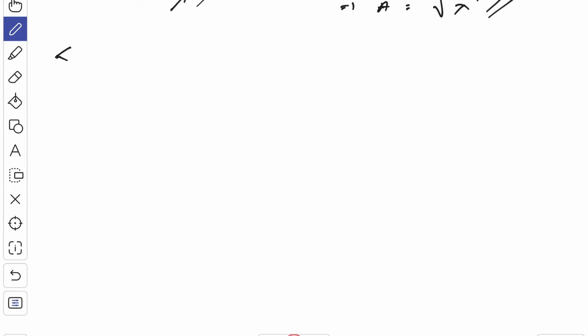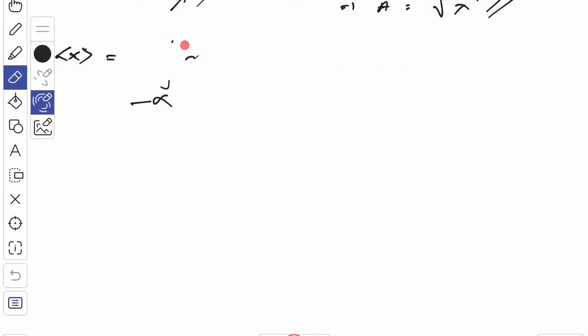So here, average of x, here average means in quantum mechanics the expectation value, is the integral from minus infinity to plus infinity of x, first let me write this way. So how to find the expectation value?